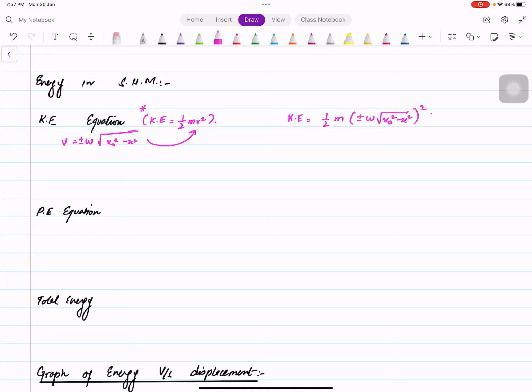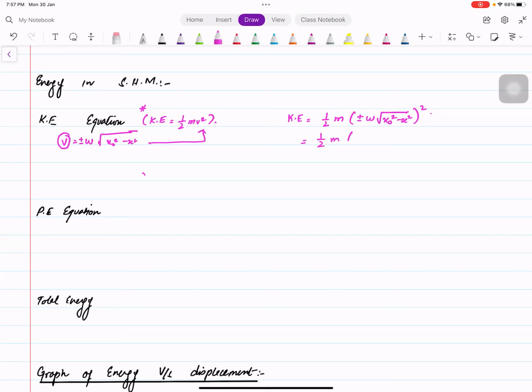Can I do that, please? What I've done, Munib, is just put this equation right here in the kinetic energy. Do you understand? Yes, sir.